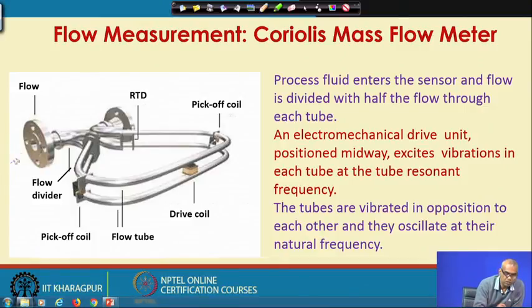So, these are the connections to the pipe through which fluid is flowing. Again, we are looking at a design which has two U-bends. This is one flow tube, this is another flow tube. This is the drive coil.